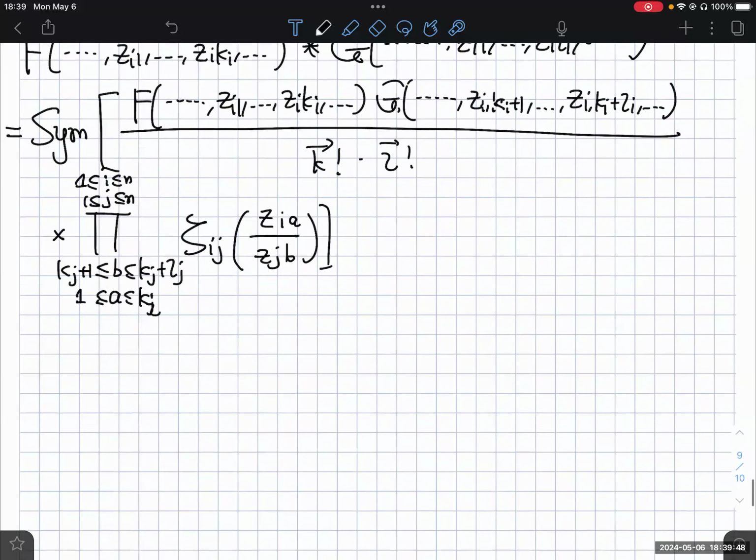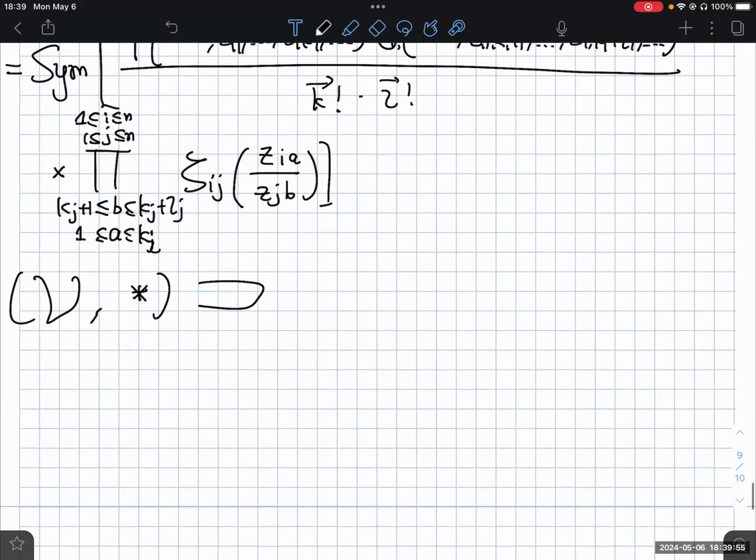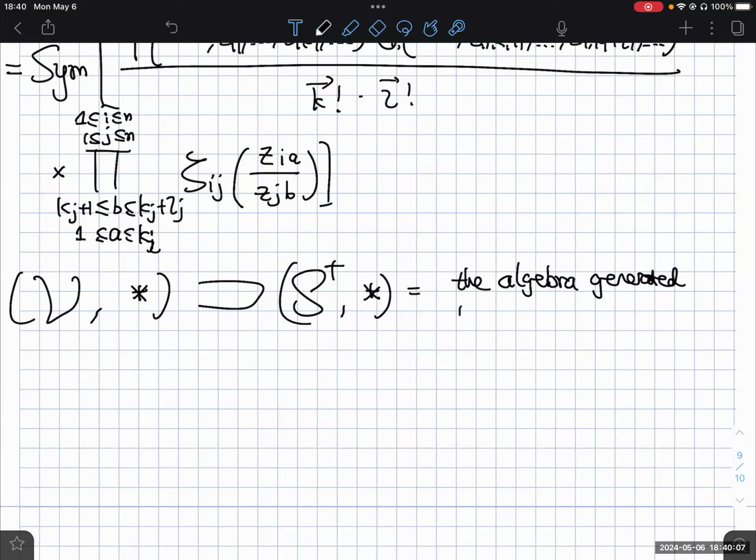And over this space we usually take a subalgebra. We take the subalgebra S plus star, the algebra generated by Zi1d with I from 1 to n and d being arbitrary integers.